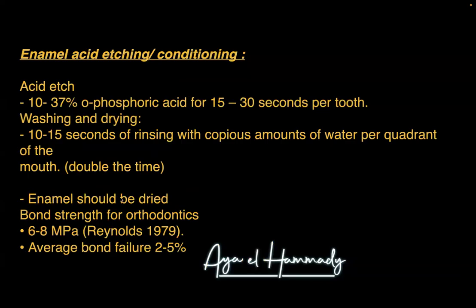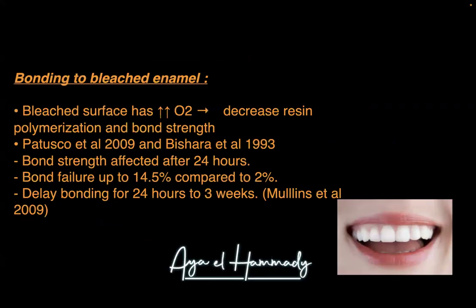So we are going to etch here with 37% phosphoric acid for 15 to 30 seconds, wash, dry for the same amount, then you are going to apply the bond, but before it, you need to dry it well to have the chalky white appearance.